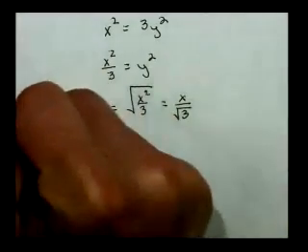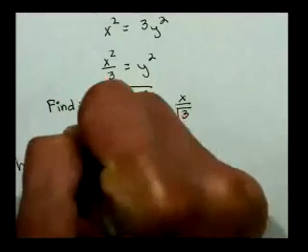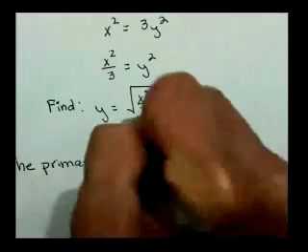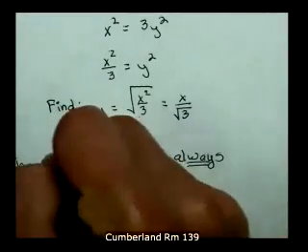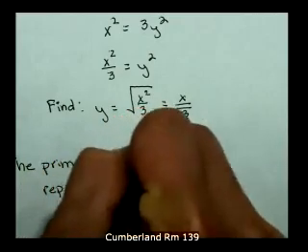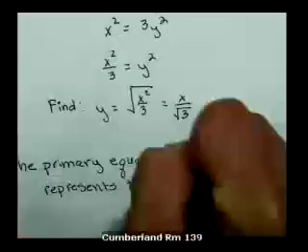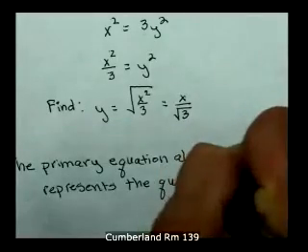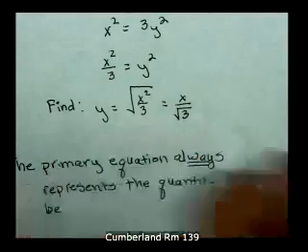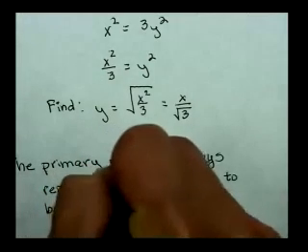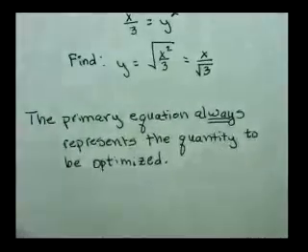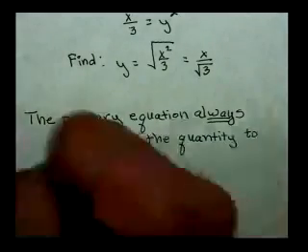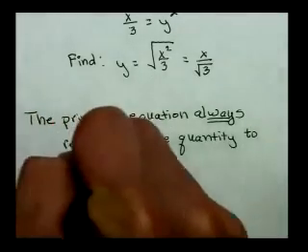The primary equation always represents the quantity to be optimized. And optimized could be maximized or minimized. Right. So far, so good? Yeah. Okay. Here's the answer to your question.